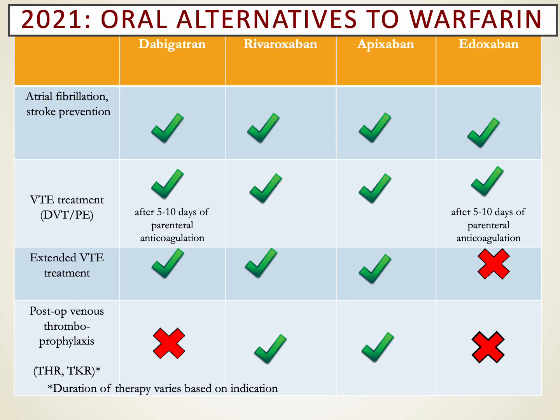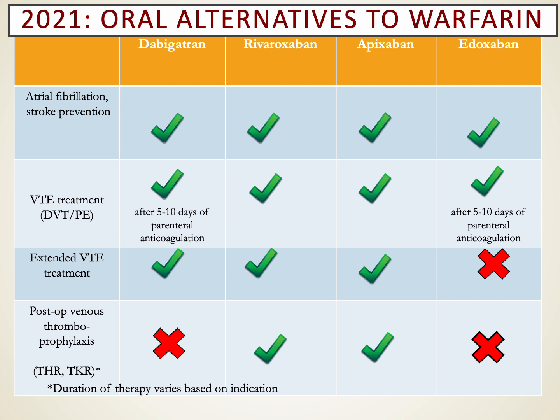So let's compare a few of these agents. Really the three I want you to look at, and really focus in on two. The last one on this slide, edoxaban, at least in my practice area, is not all that commonly used. For the most part, the two agents we use most often, at least in our region as of late 2018, are rivaroxaban and apixaban.